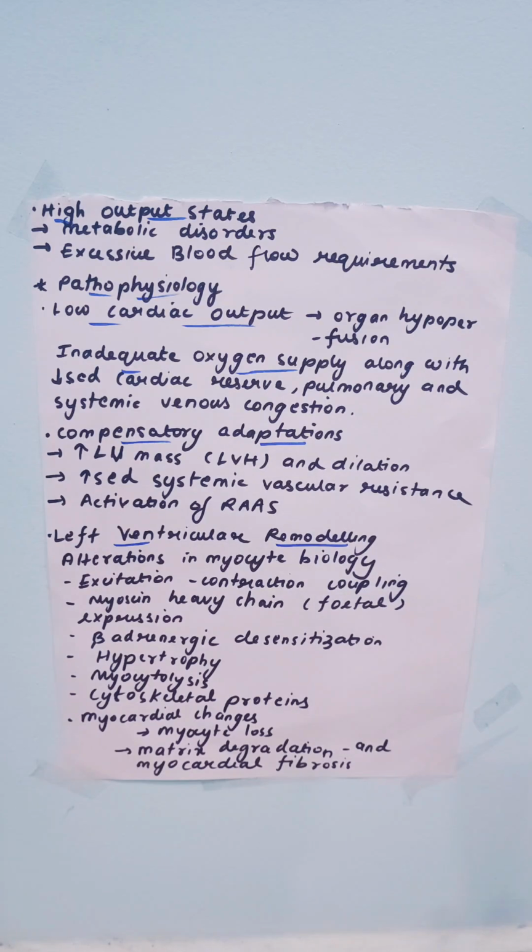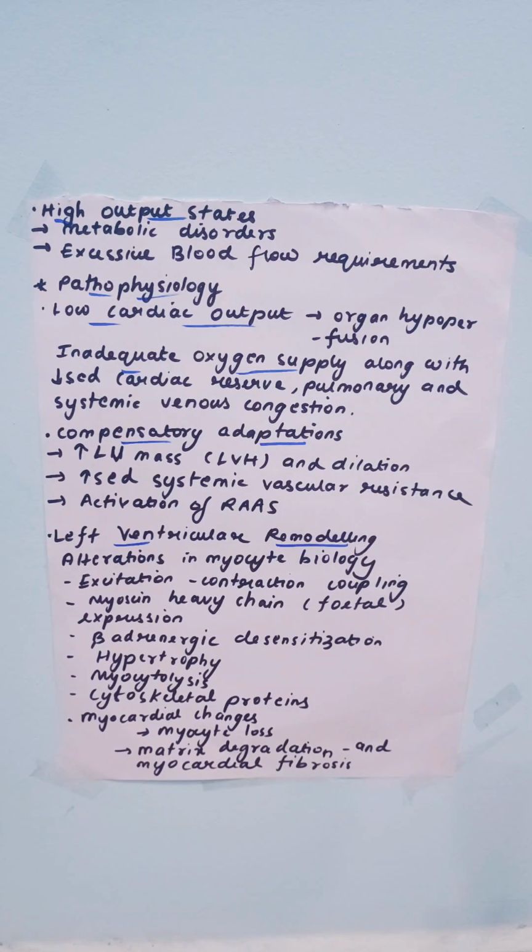Heart doesn't respond, it desensitizes. So basically that is beta adrenergic desensitization. There is hypertrophy of the left ventricle, as I have discussed earlier. There is myocytolysis, there is breakdown of the myocytes, that is myocytolysis. Cytoskeletal proteins, so basically these are one of the major changes.